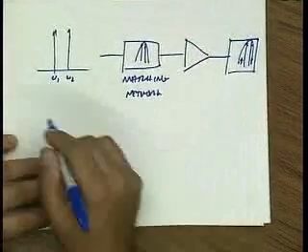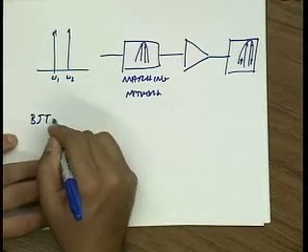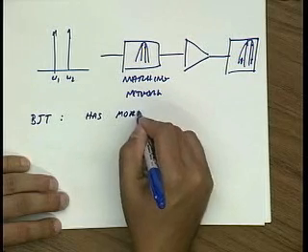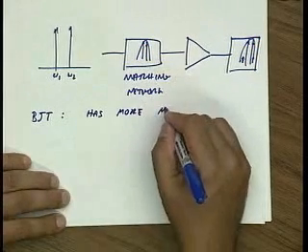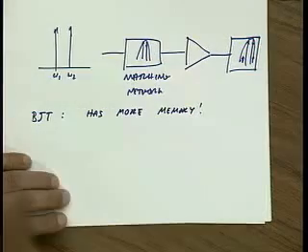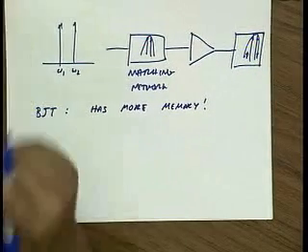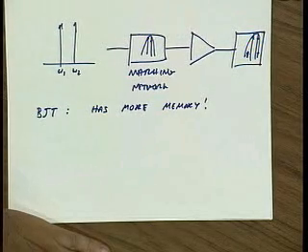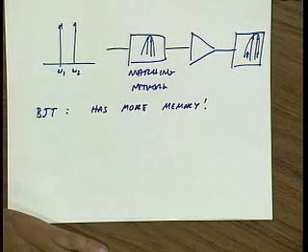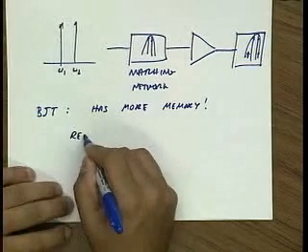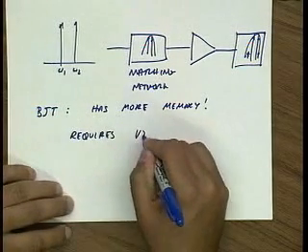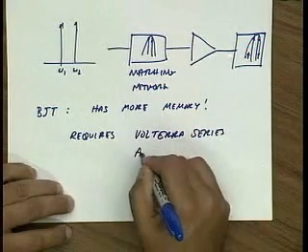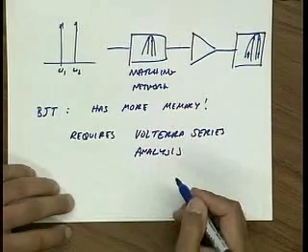Now how about a BJT? Turns out that a BJT is smarter in more ways than one. It has more memory. Okay? And in this class we won't really worry about it. It gets pretty nasty to actually handle all that distortion. The memory distortion requires what's called Volterra series analysis. This is something that we teach in 242.